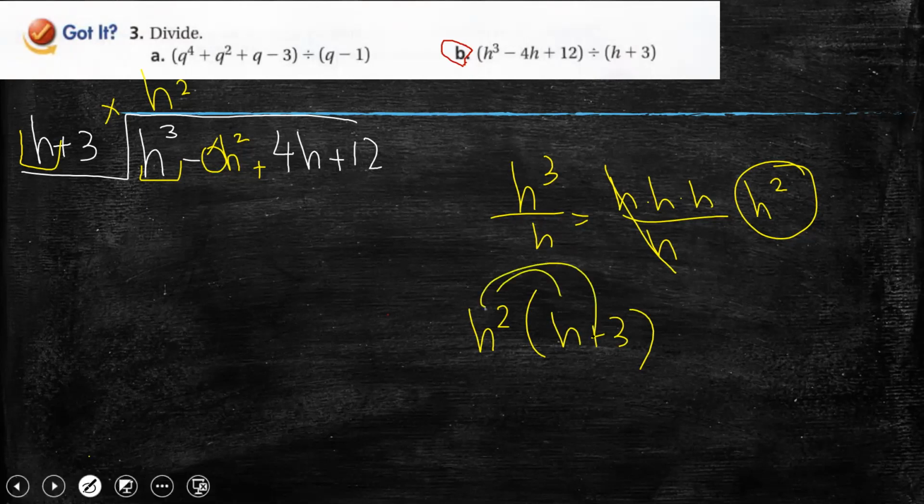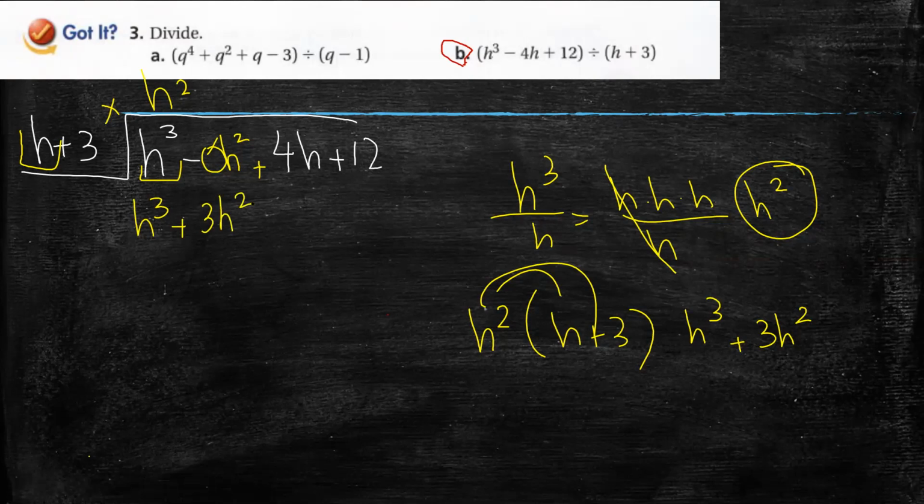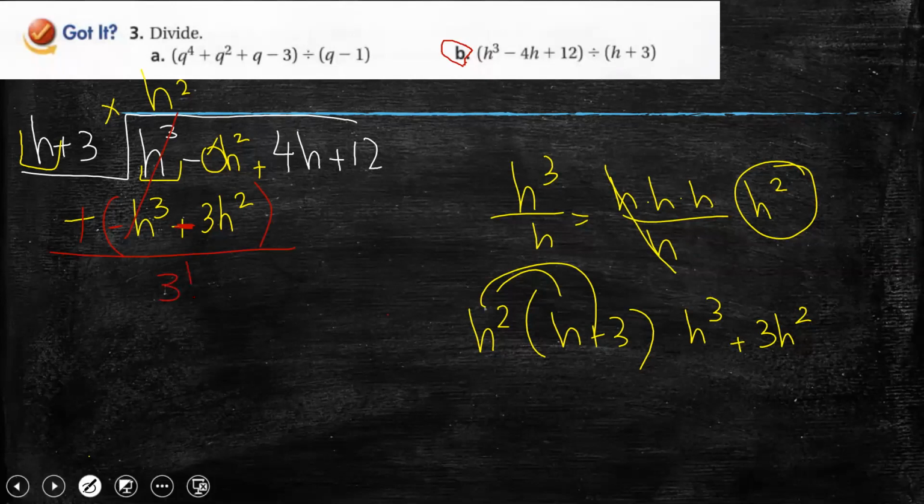When you multiply, you get h cubic plus 3h squared. Write the answer here. This is minus, this minus sign will change the sign of each term inside. So h cubic minus h cubic is 0, and negative 3 plus 3 will be 3h squared.